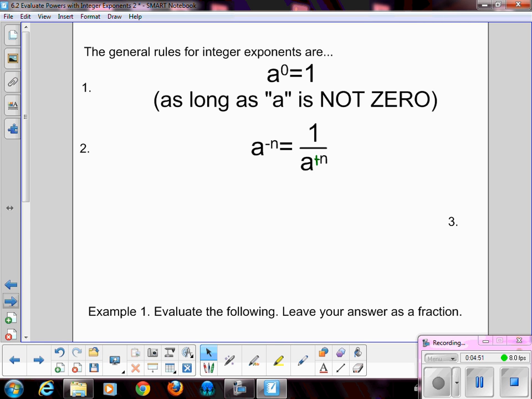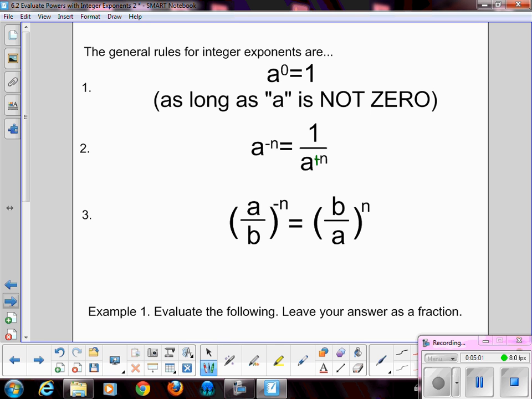I could do it the reverse as well. Also, if I have something that's in a bracket, such as a over b to the negative exponent, what happens is it flips. There's the reciprocal, b over a, to the positive exponent.